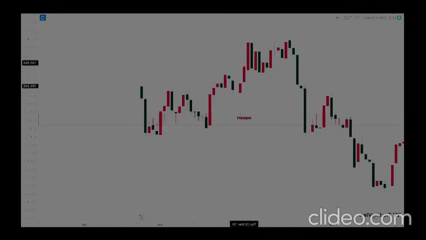So the whole move came back just to fill these gaps, to fill this imbalance. These big moves, yes, started here.